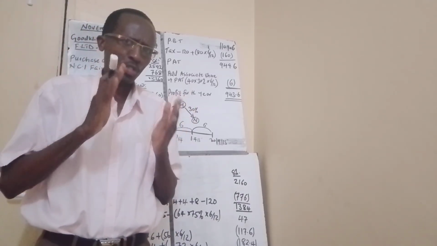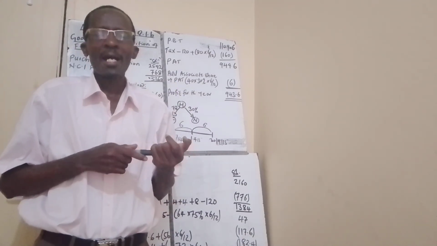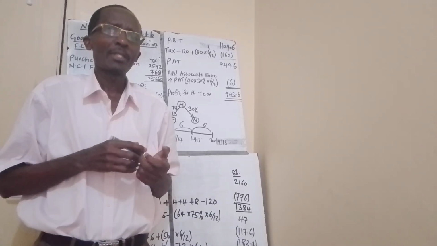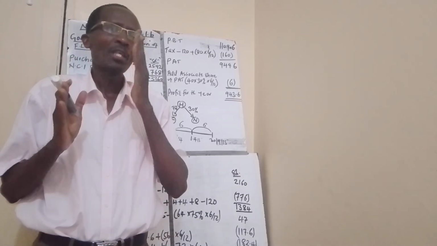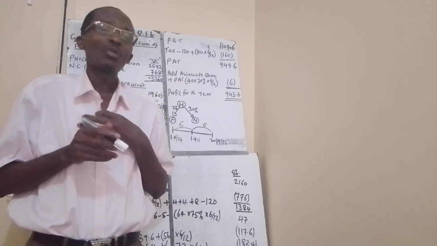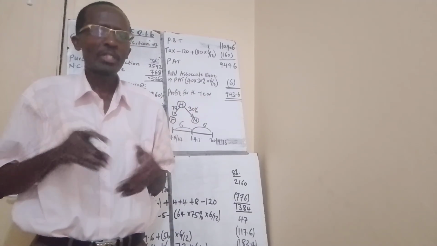But that portion of stock which has not been sold has the unrealized profit. So first we need to establish what is the proportion which is yet to be sold. We are being told 1/3 has not been sold.